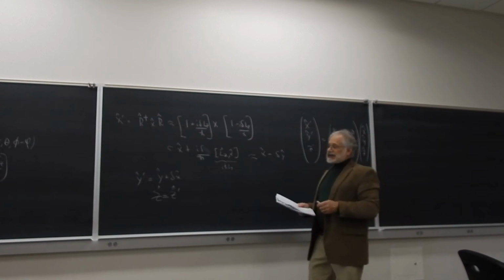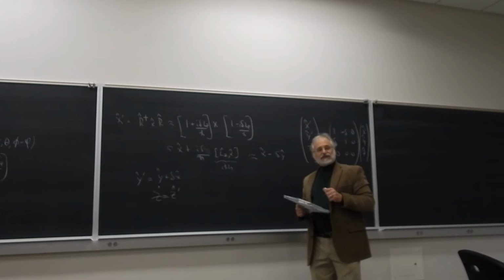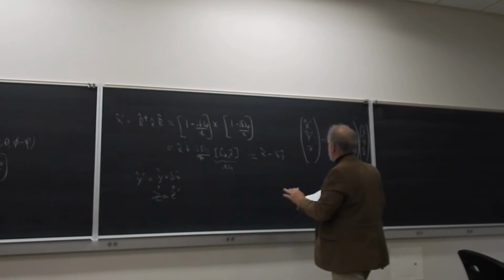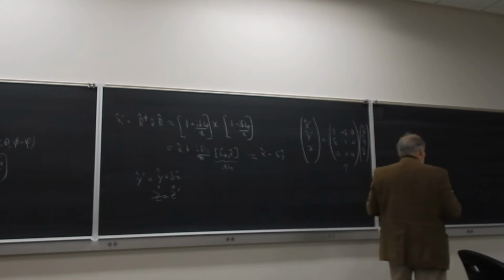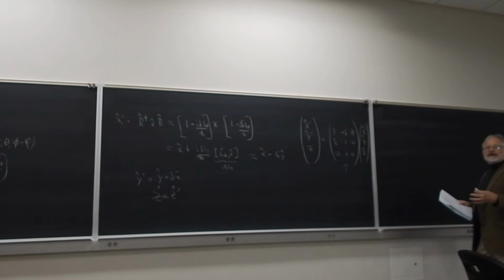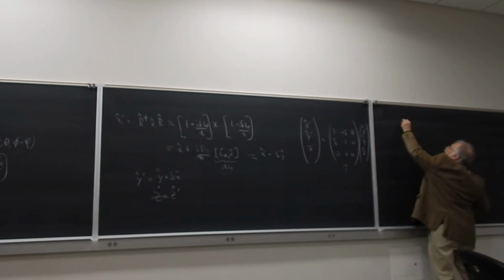Now, the question is, can we generalize this to rotations in 3 dimensions? So what we want to do then is go back to the beginning and generalize this to some rotation along some arbitrary direction. We'll call it the n hat direction.